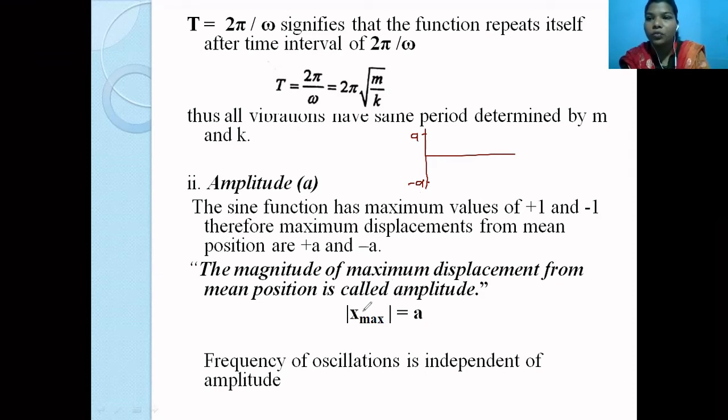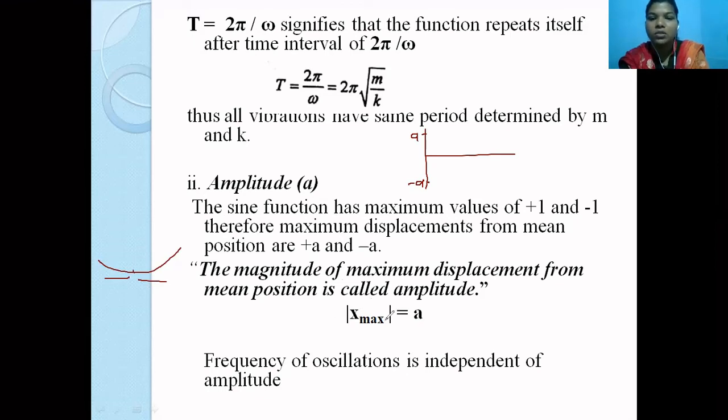It doesn't matter what direction we are talking about. On either side, it is just going to be displacement. If the particle goes to this side or to that side, in both cases it is just displacement, and I am just going to measure the magnitude. So I can always write it as mod of x max.